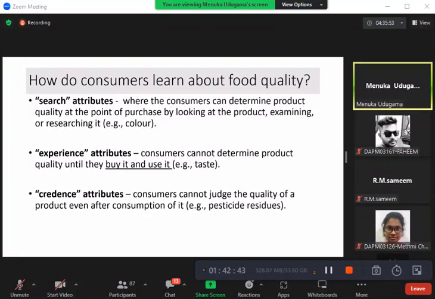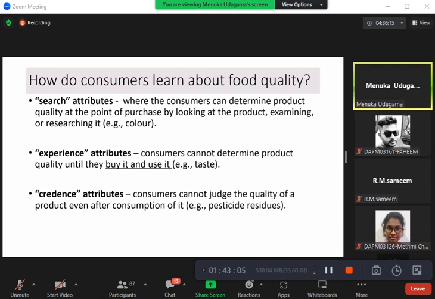The second type is called experience attributes, meaning the consumer cannot determine the product quality until you buy and consume it. For example, taste, right? Let's say those small flavored milk cartons, or fruit juice bottles. Unless you taste it, you can't say anything about the quality.